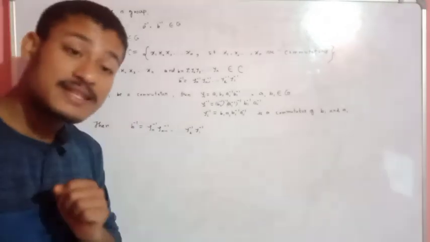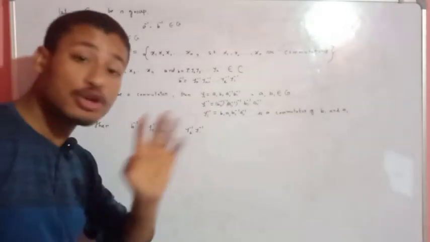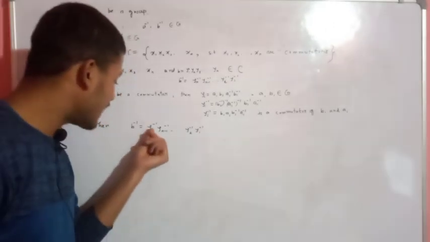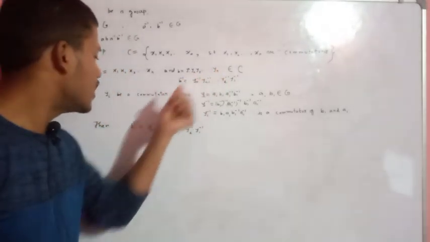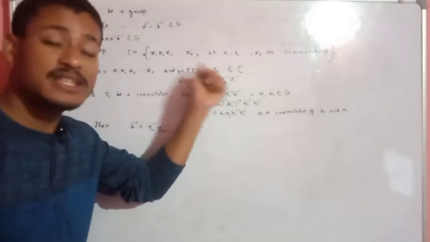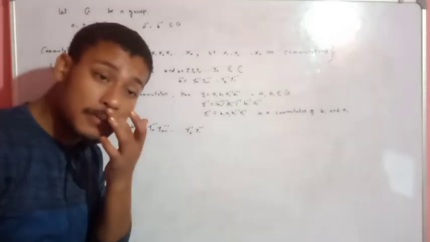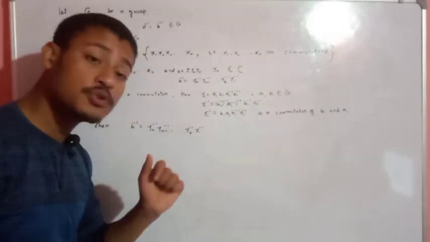If yi is a commutator, yi inverse will also be a commutator. So yn is a commutator here, so yn inverse will also be a commutator. yn minus 1 is a commutator, so yn minus 1 inverse will also be a commutator. Like that, each is also a commutator.